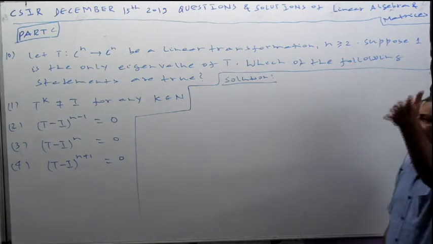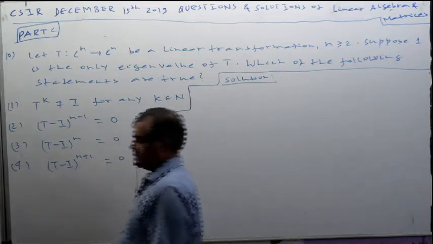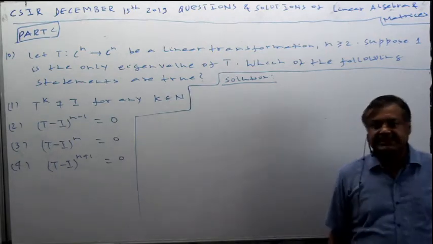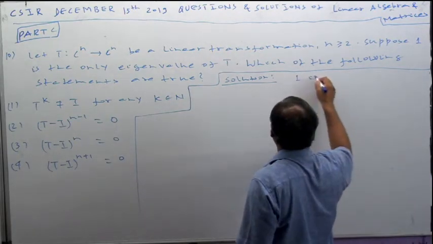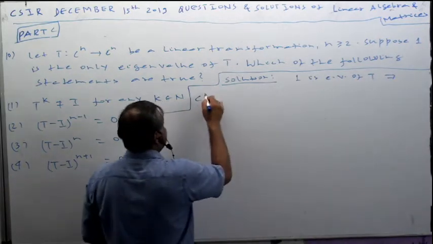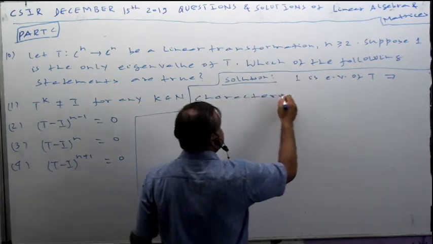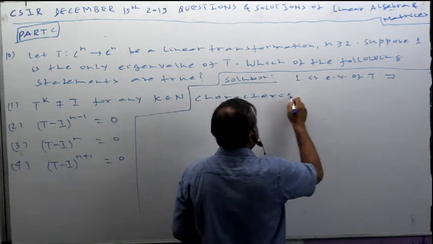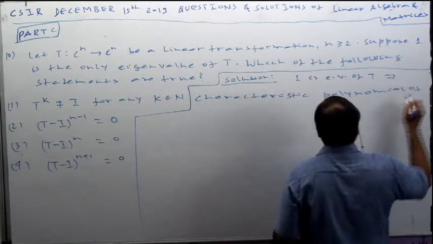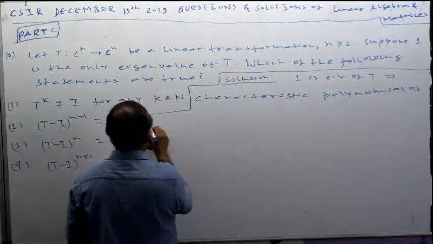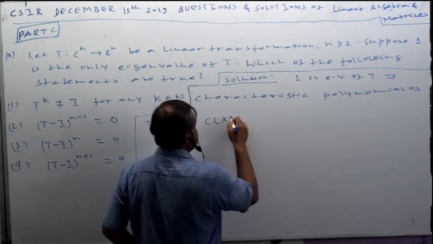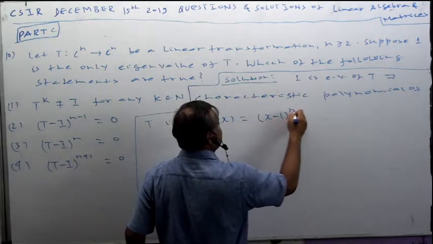Suppose 1 is the only eigenvalue of T. That means 1 is the only eigenvalue of T implies the characteristic polynomial of T is C(x) equals (x minus 1) to the power n.